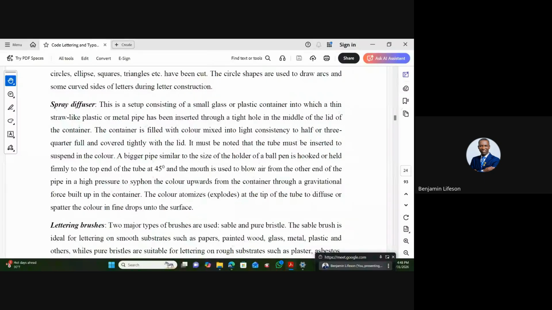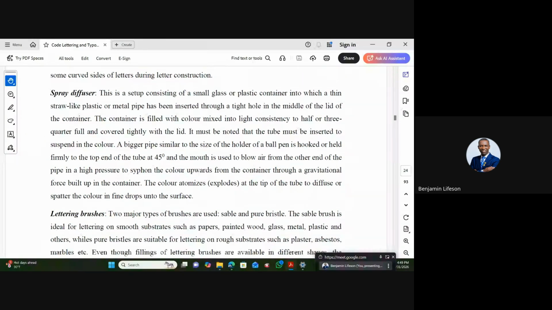So please, this is a spray diffuser. This is an example of a spray diffuser. I've sent it. Now we have two types; what I've sent you is one of them. One has a plastic container under it that holds the paint.